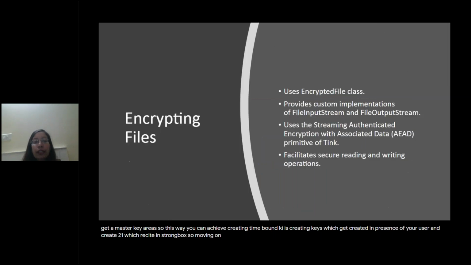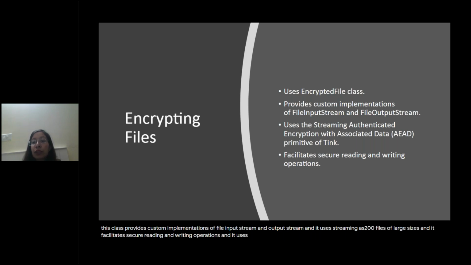So moving on to the next slide, encrypting files. You can encrypt files using the encrypted file class, and this class provides custom implementations of file input stream and output stream. It uses streaming AES to handle files of large sizes, and it facilitates secure reading and writing operations.